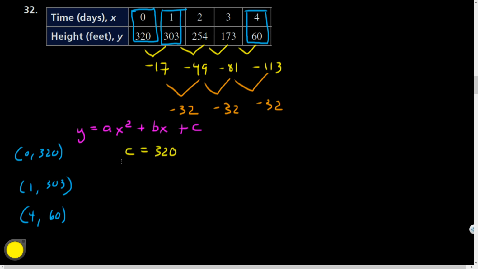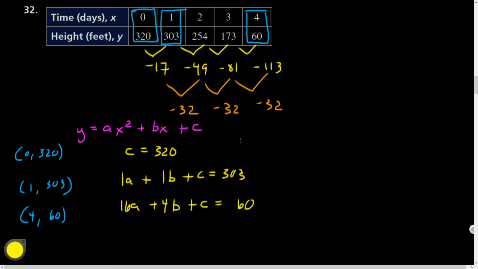That's a great equation. Plug in 1. 1 squared is 1, plus 1 times b is 1b, plus c equals 303. That's a nice one. And plug in 4. 4 squared is 16. Maybe it wasn't the better choice. I've got a smaller constant, but plus 4b plus c equals 60.